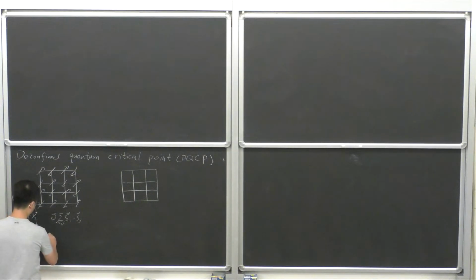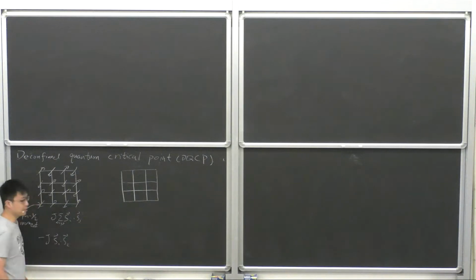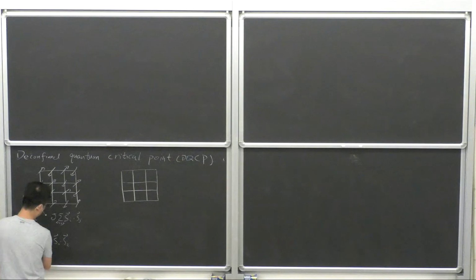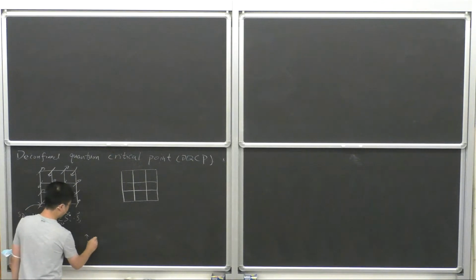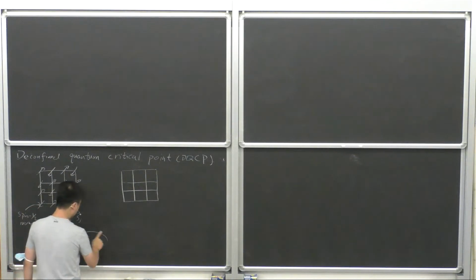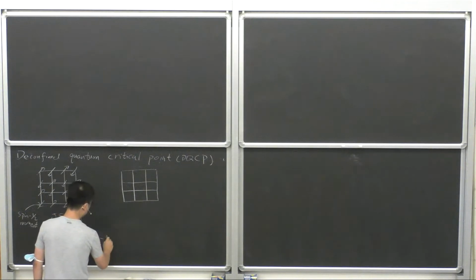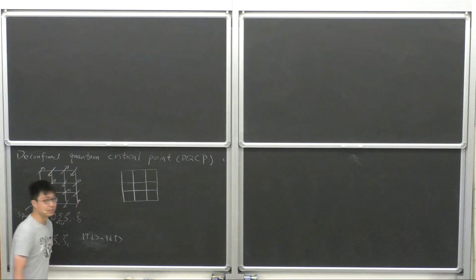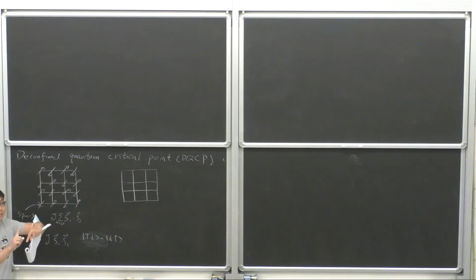If you have ferro interaction, then all spins aligning in the same direction is an eigenstate. But if you have antiferro, the ground state is a singlet, meaning the ground state will be up, down, minus down, up. So any classical picture in which the spin is just pointing in some direction and not moving is not your ground state.